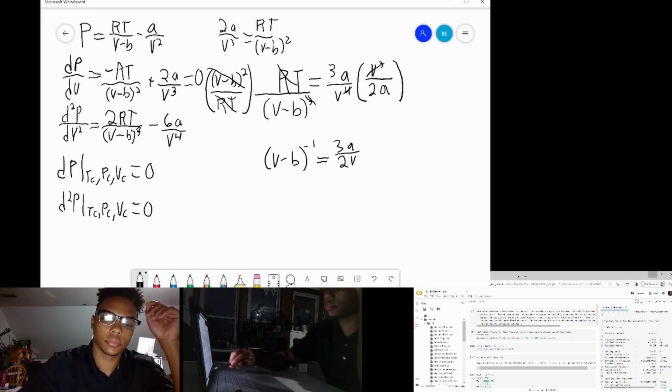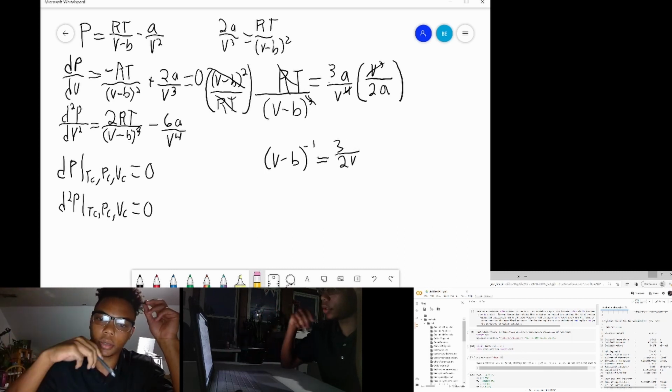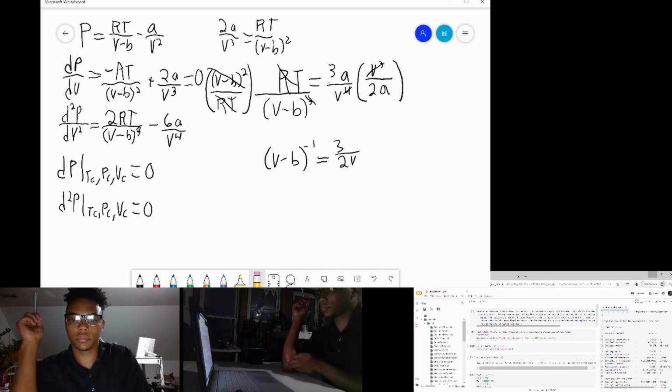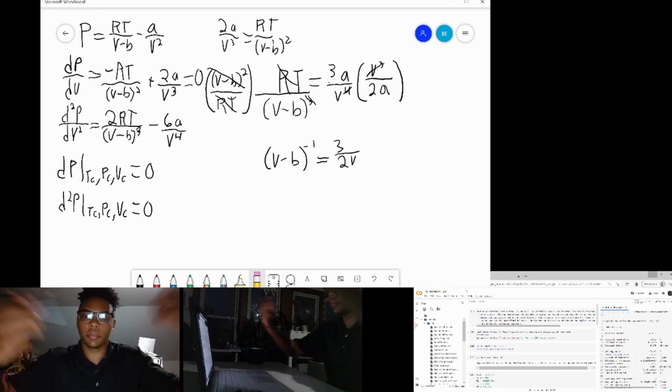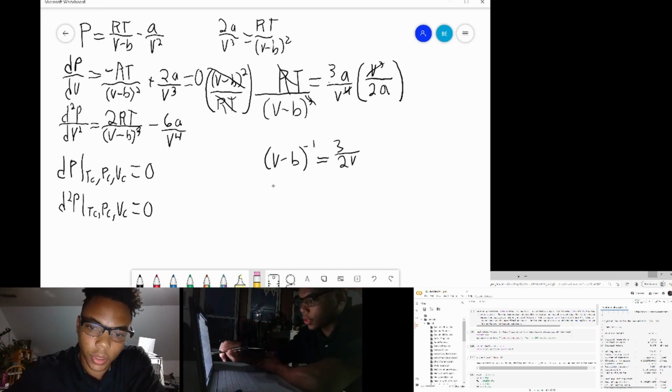Our A is going to be gone. Now let's flip both sides again. We find our reciprocal. V minus B equals 2 over 3 V.